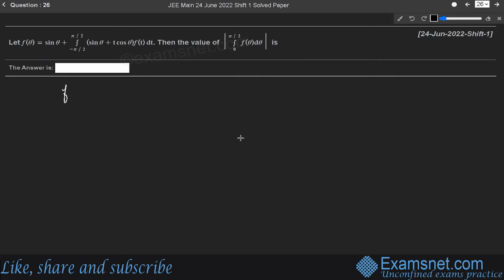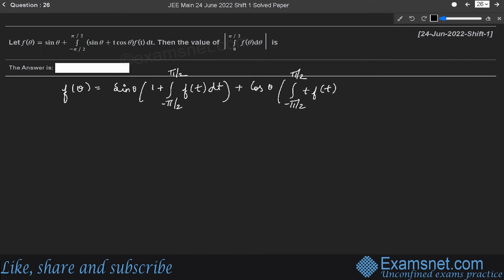f of theta can be written as sine theta into (1 plus the integral of minus pi by 2 to plus pi by 2 f of t dt) plus cos theta times the integral of minus pi by 2 to plus pi by 2 t f of t dt.